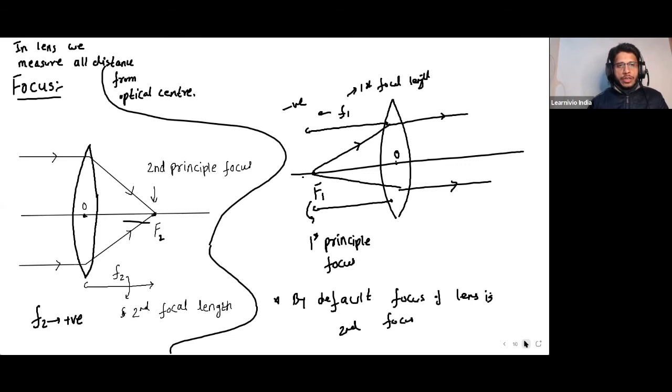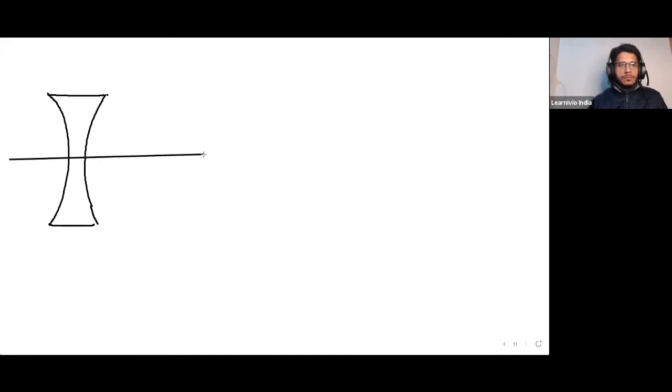After focus, the next thing is the focal length of a concave lens. Instead of convex, if I take a concave lens, then in a concave lens, the second principal focus means: if you take rays parallel to the principal axis, remember a concave lens will not converge these rays.